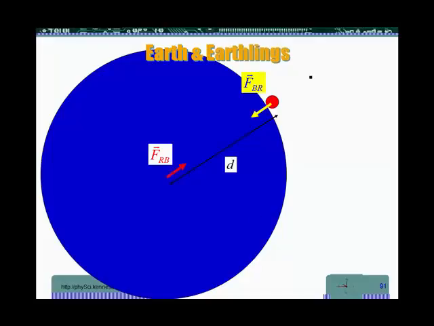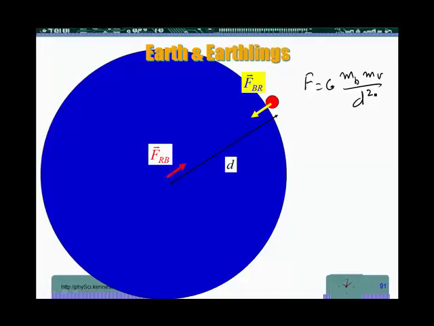Now, what we are saying is F is G M blue M red over D squared. If it is a universal gravitational law, we should be able to apply it here as well.